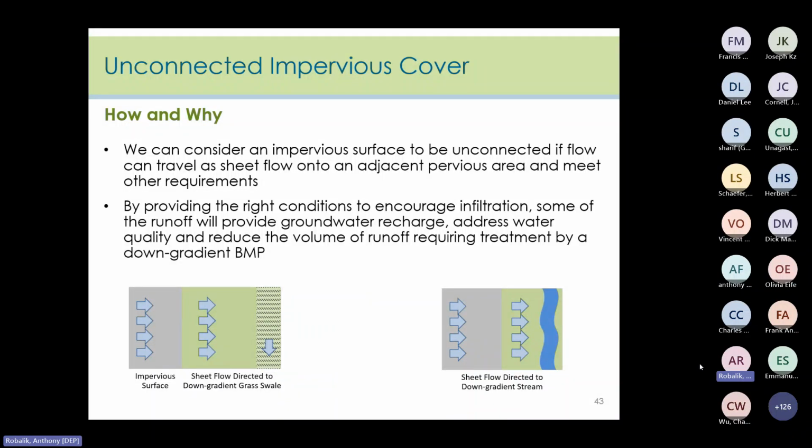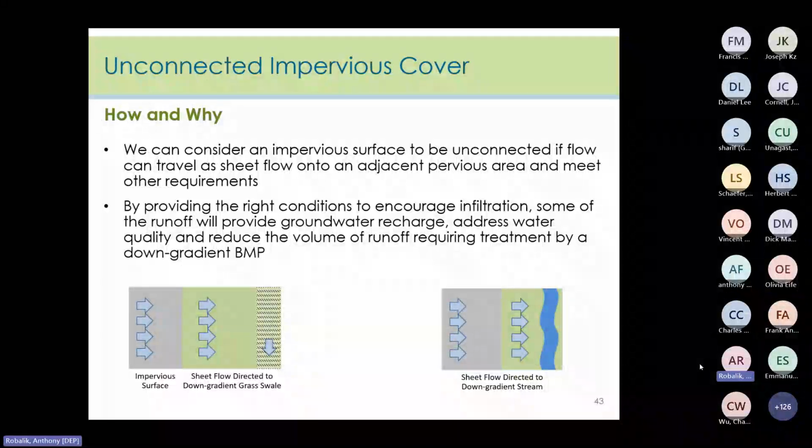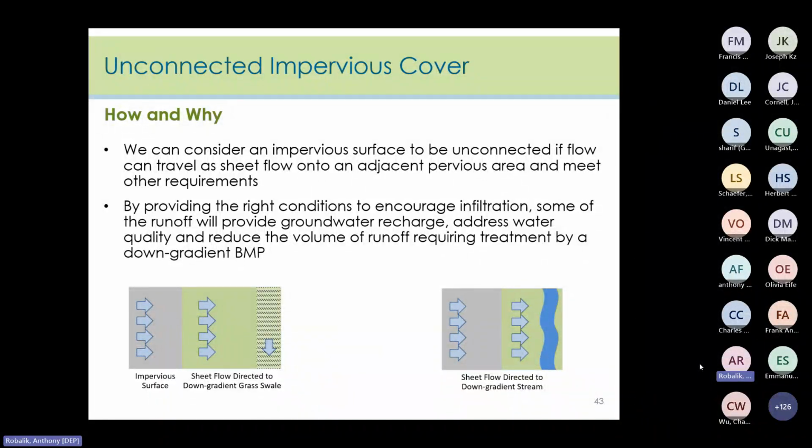Runoff from unconnected impervious areas must undergo sheet flow onto adjacent pervious areas, where a portion of the impervious area runoff is given an opportunity to infiltrate into the soil without causing erosion and further sediment transport to whatever's down gradient. Under certain conditions, this technique can help in providing both groundwater recharge and stormwater quality treatment for small rainfall events, as well as reduce the overall runoff volume that must be treated and controlled by a down gradient BMP.